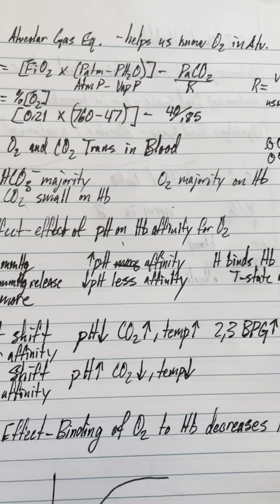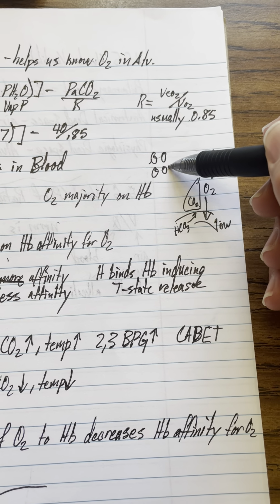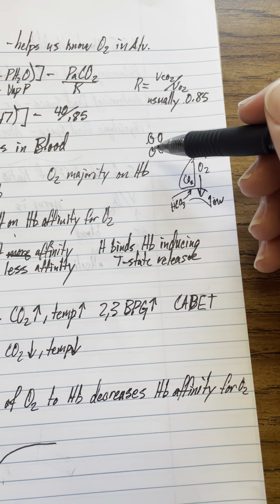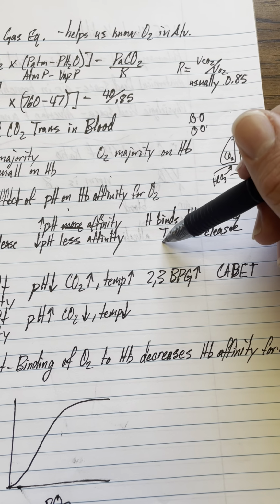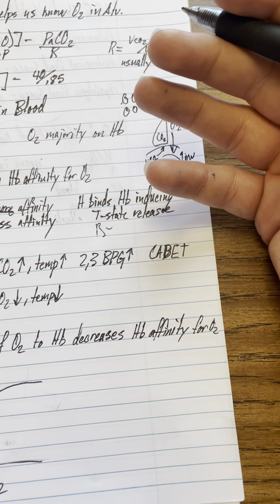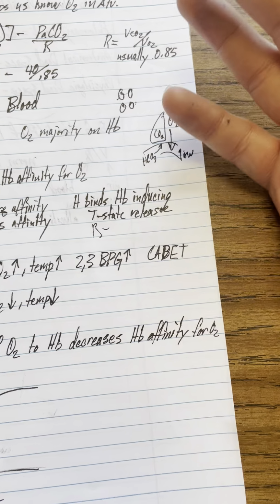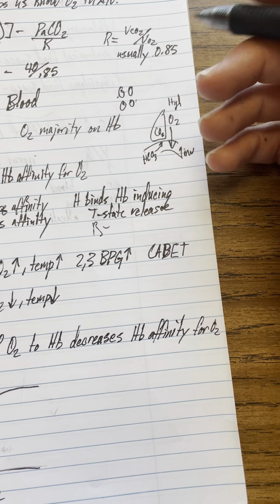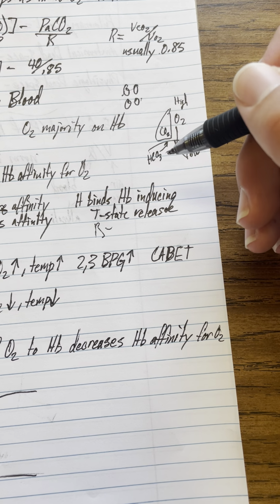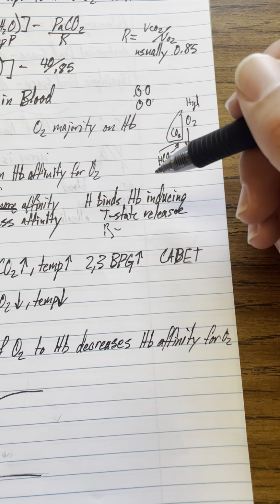pH, well, as I mentioned earlier, you have hemoglobin and it'll bind oxygen. You have T states and you have R states. In the T state, you're gonna have a low affinity for oxygen. Oxygen is gonna dissociate from hemoglobin at that point, and an R state is gonna accept oxygen.